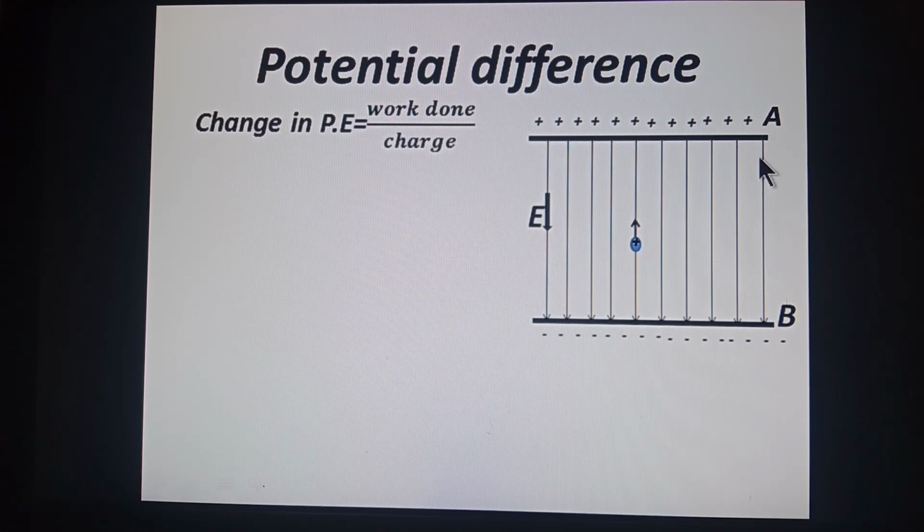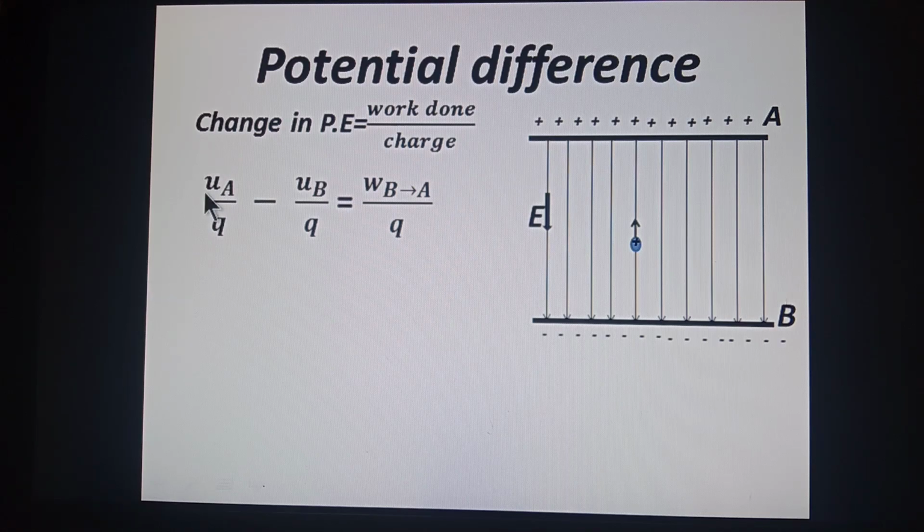If UA per unit charge is the potential energy at point A and UB per unit charge is the potential energy at point B, then the change in potential energy of the charge is equal to the work done in moving the charge from point B to point A. So change in potential energy is higher potential energy minus lower potential energy, and it is equal to work done.